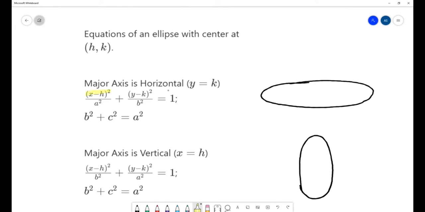They both have x minus h squared. They both have y minus k squared. They both equal 1.